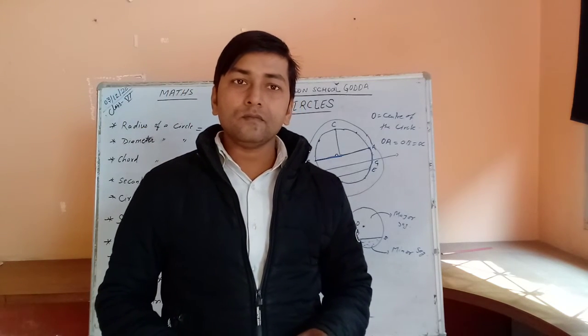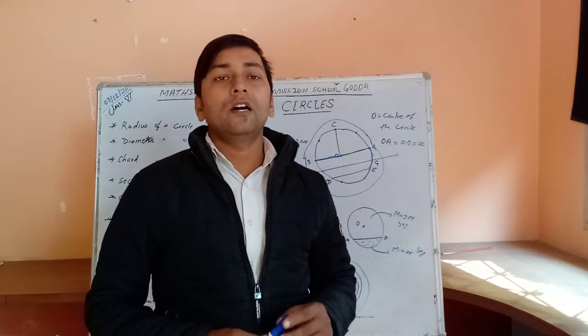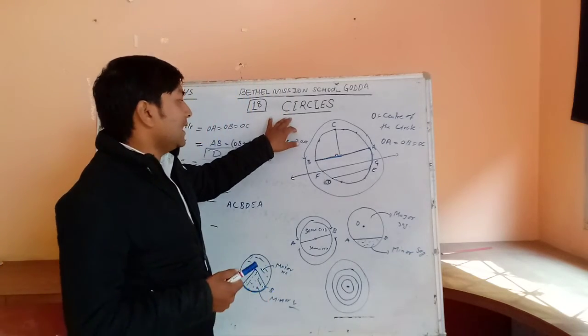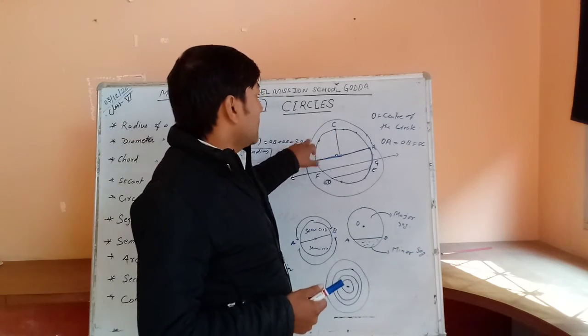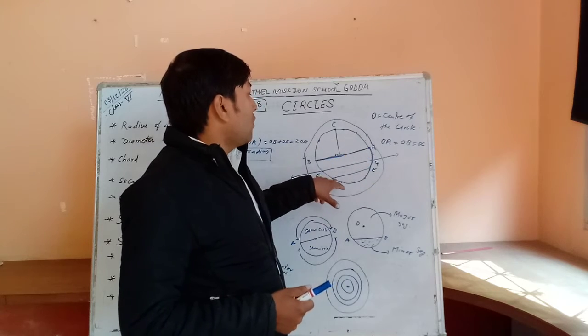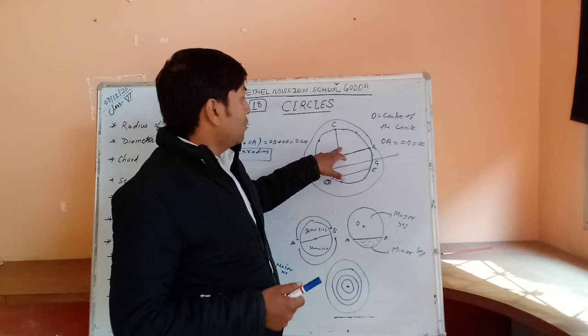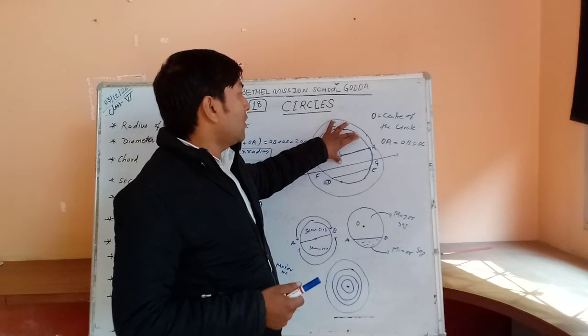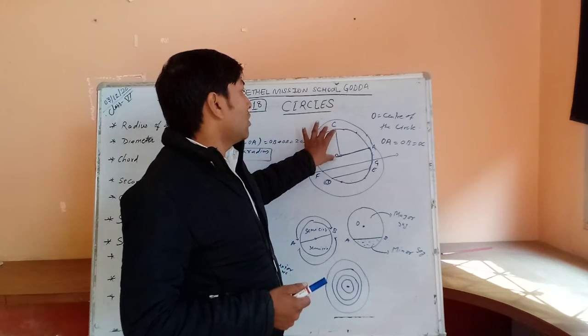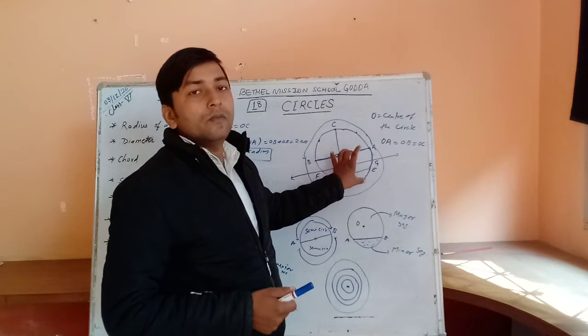Okay, I hope you got it. Now we revise that. What is a circle? A circle is the collection of all the points whose distance from a fixed point is always the same, always equal.